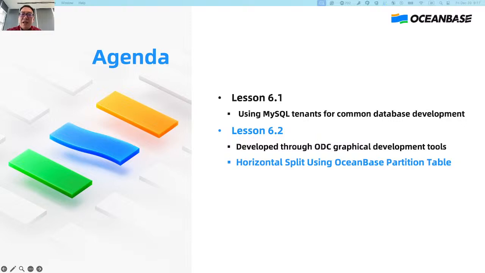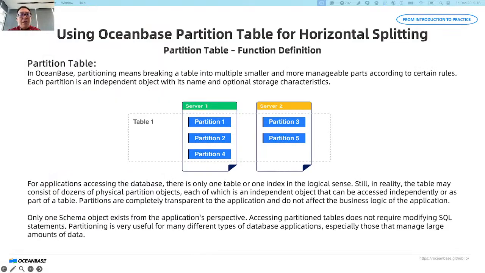Let's introduce the last part of this lesson: horizontal split using OceanBase partition table. In OceanBase, partitioning means breaking a table into multiple smaller and more manageable parts according to certain rules. Each partition is an independent object with its name and optional storage feature.